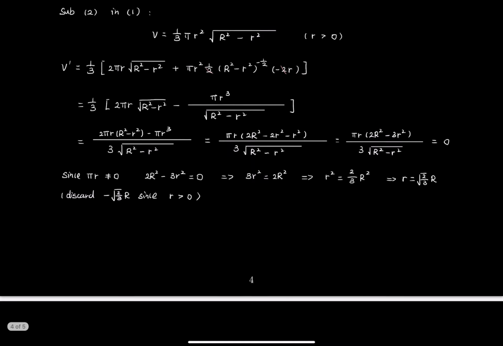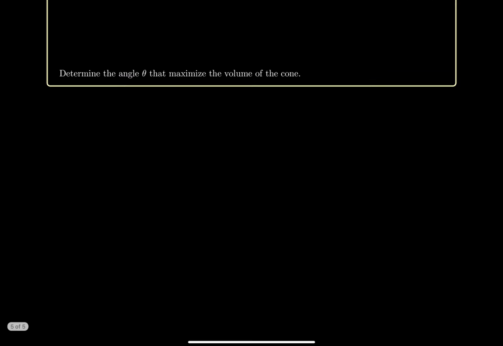So let's do the first derivative test, for example. So let me continue here. First derivative test, so let's check when it's 0, root 2 over 3 R. So in those intervals, is my v prime positive or negative? And if you check, you'll see that here is positive, this is negative, so it's increasing and then decreasing, which means this is a max.